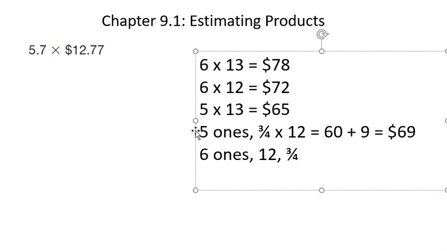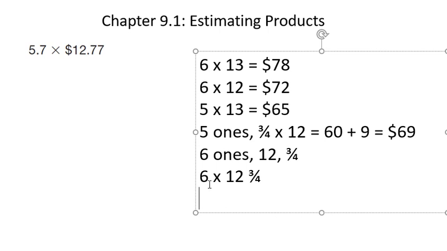So I just rewrote all of my numbers from 5.7 to 6, and 12.77 to 12 and 3/4, which I wrote over here. So now this is like saying 6 times 12 and 3/4. I added an extra step so it could be clear.